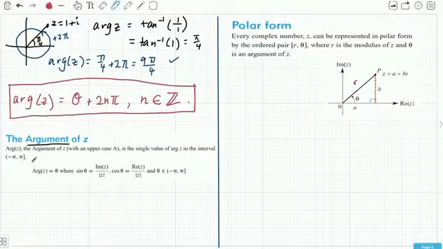Now you can see that this actually has an interval over which the argument occurs, and that interval is very, very important, so you definitely need to write down what big arg is. The interval is between negative pi and pi, not including negative pi.